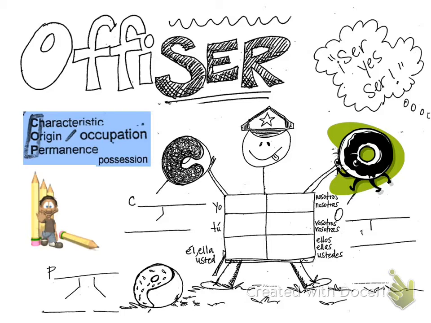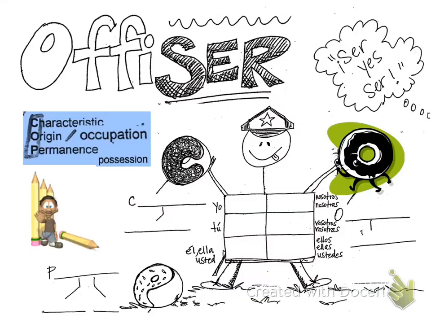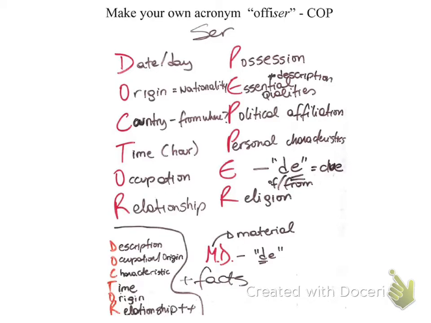So I added this to your notes, which we'll look at in just a second. Here's another one that a student made up a couple of years ago, which uses more of your reasons. Obviously, the COP here doesn't use all your reasons. It's just the ones that are used most often. Here, you have more specifically, but of course, it's more things to remember. So, I gave you different ones to pick from. Whichever one works for you is the one you go with so that you remember when to use ser.